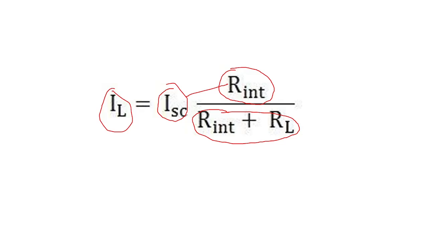In the end you can calculate the load current IL, but the main step was how we reduced the main circuit by using Norton's theorem to a current source in parallel with a resistance.